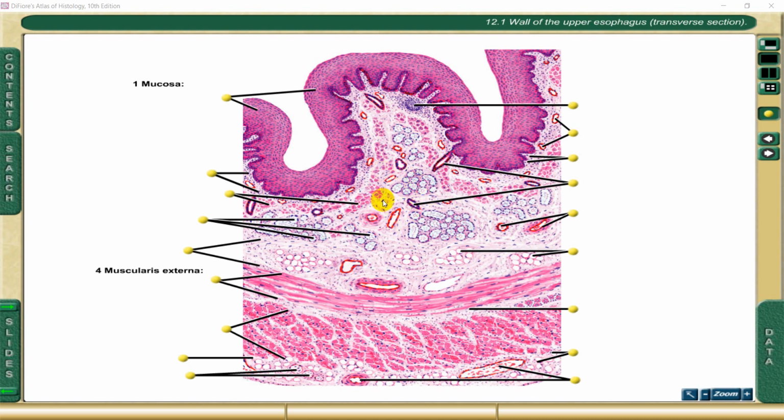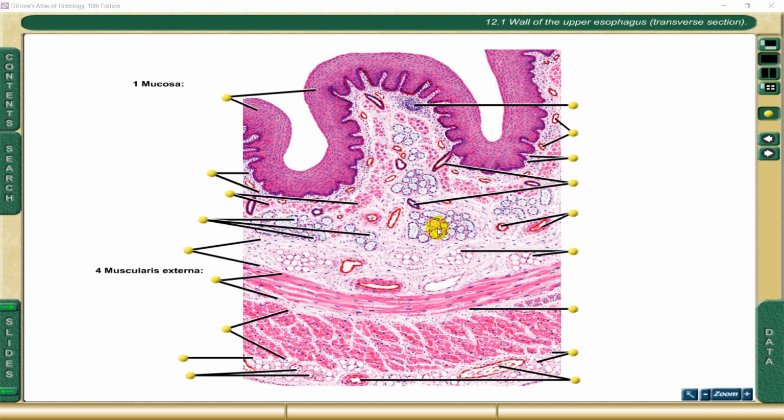The submucosa is fibroelastic connective tissue or dense connective tissue with these structures. This structure is a mucus tubulo-alveolar mixed gland.